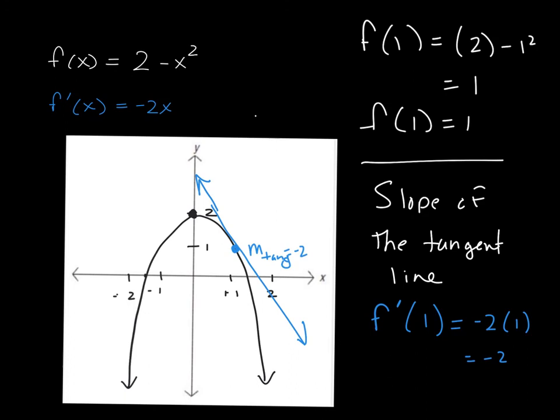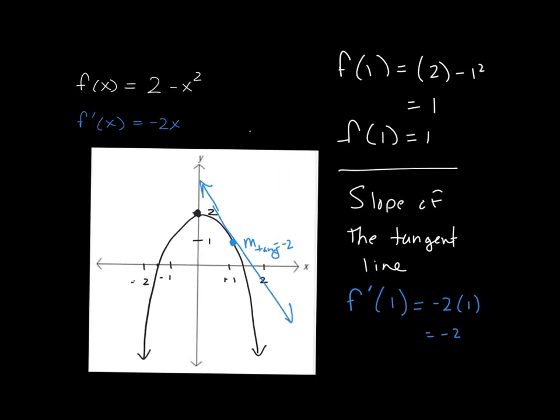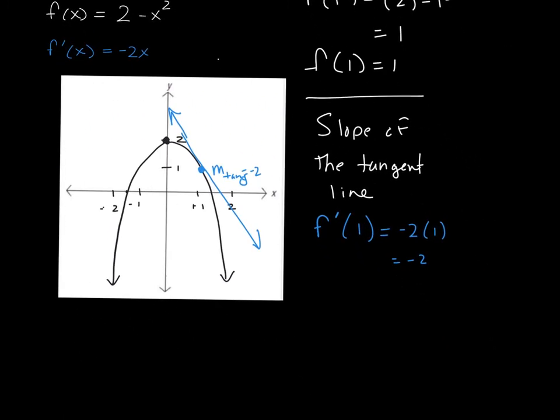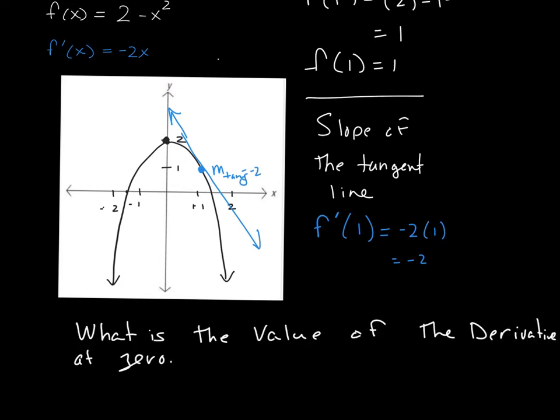I can extend that and use that for any piece. Let's say I wanted to do it again, but now I wanted to find the value of the derivative at 0. The value of the function at 0 is 2.